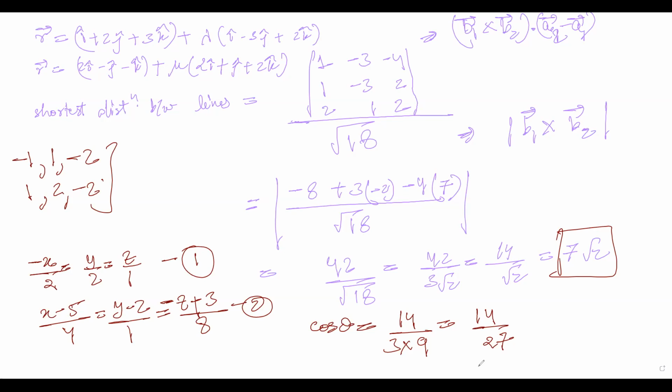It's given that the lines are perpendicular. If the lines are perpendicular, then A1, A2 plus B1, B2 plus C1, C2 is equal to 0. Correct. So A1, A2 plus B1, B2 plus C1, C2 needs to be 0.